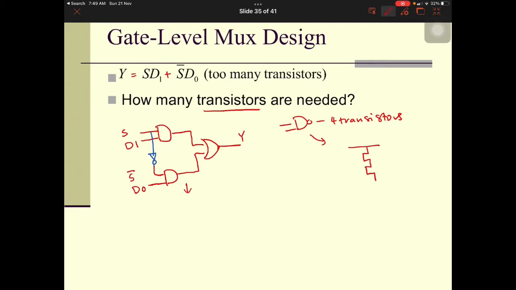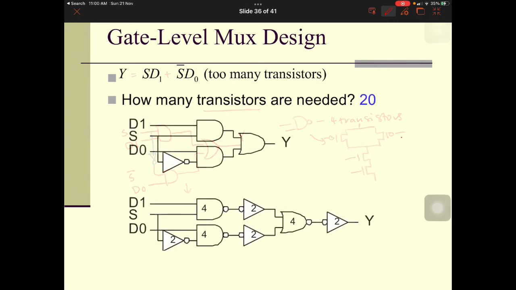It is like this. Okay, this is the NAND gate.